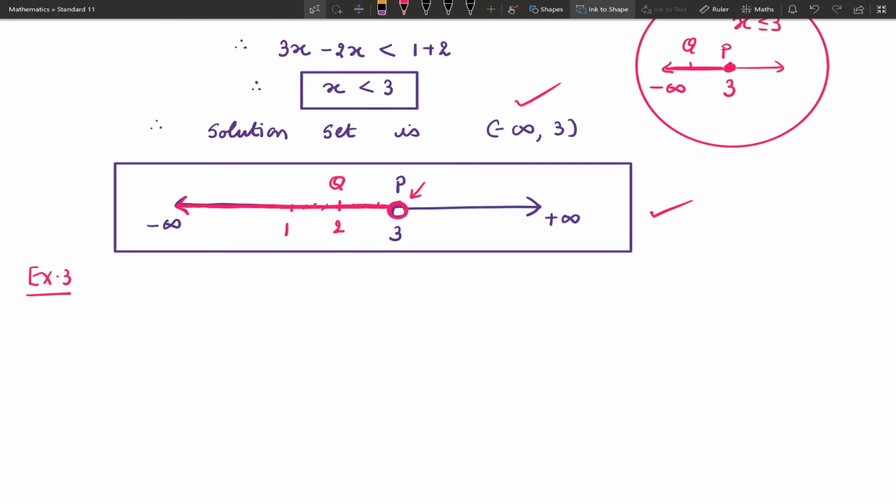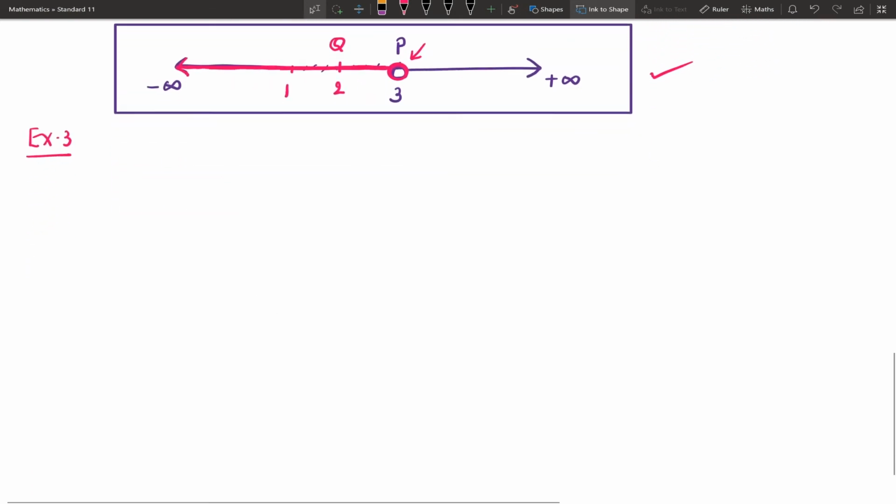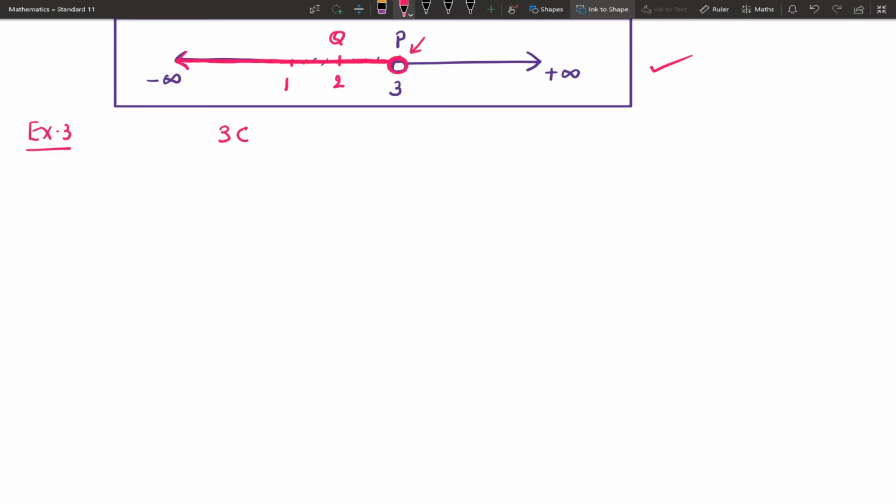Next example 3. The instruction is the same, solve for real x and show the graph of the solution in each case on the number line. 3 into bracket 1 minus x is less than 2 into bracket x plus 4.